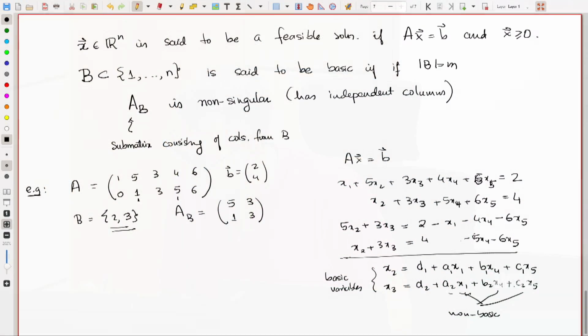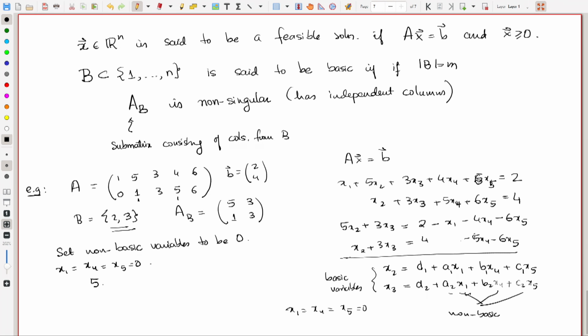So, let us just see what happens in this example. What I am going to do is set the non basic variables, that is x 1 equal to x 4 equal to x 5 equal to 0.